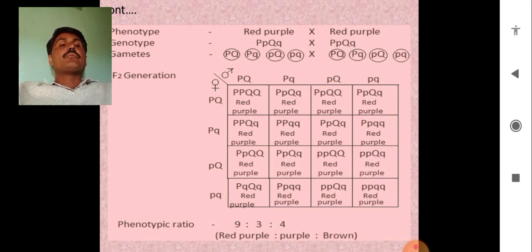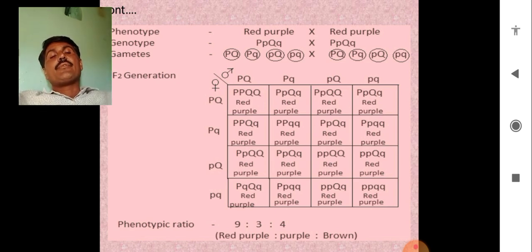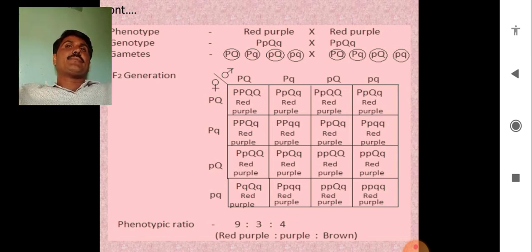Capital PQ with capital P, then we get red purple too, but the genotype is somewhat different. In the same way, the phenotypic ratio that we get in this experiment is 9:3:4. Now what is the 9:3:4? That is red purple, purple and brown.